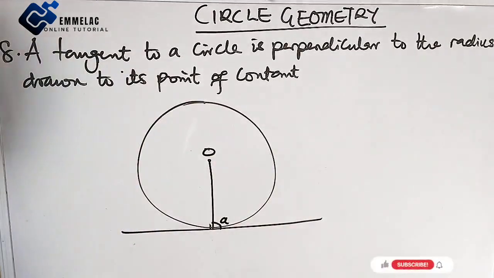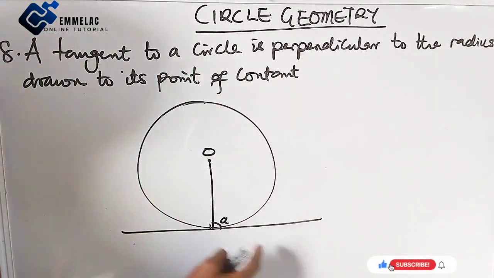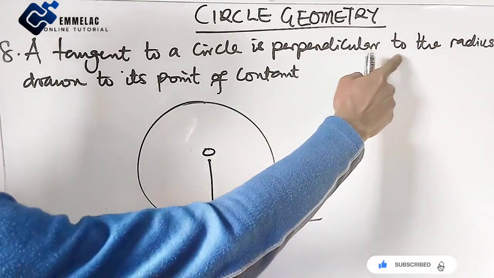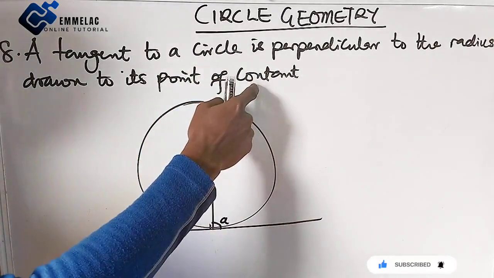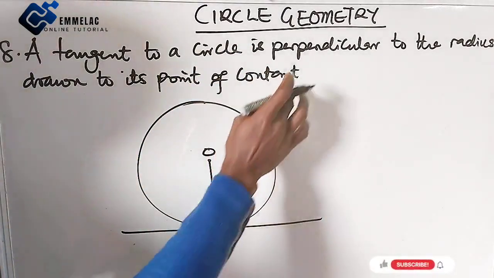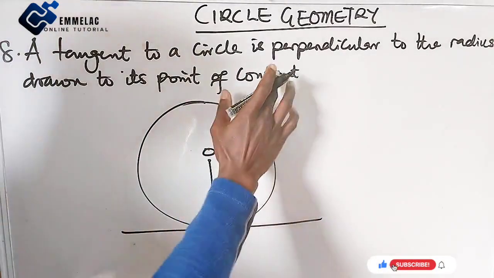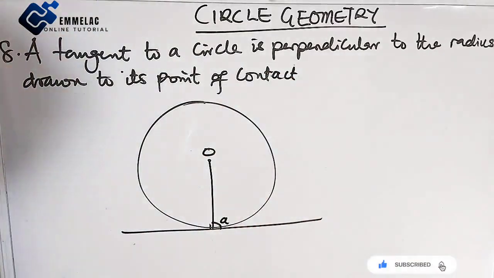So theorem 8 says a tangent to a circle, this is a tangent, is perpendicular to the radius drawn to its point of contact. Sorry, this should be contact. Okay.